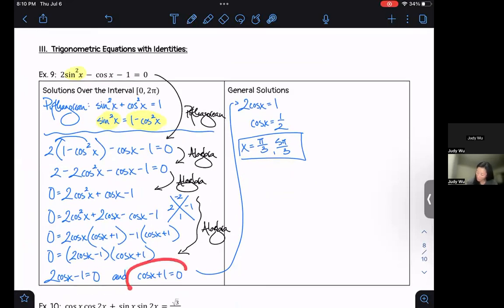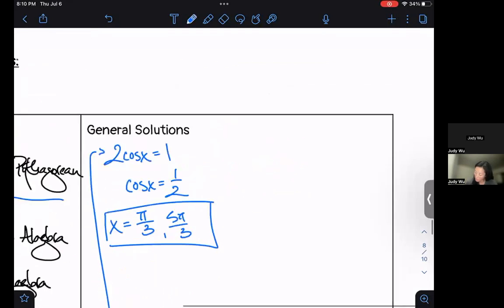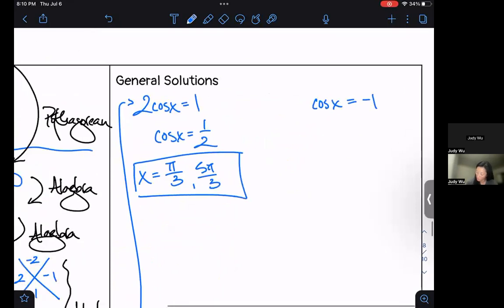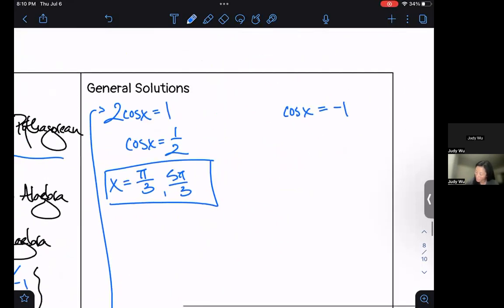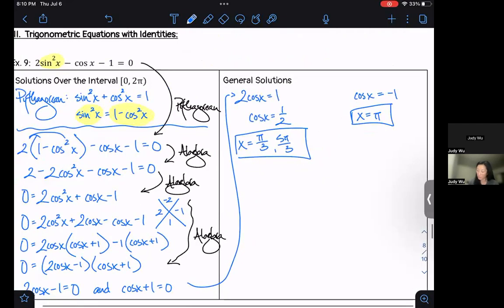Now let's grab our other equation, cosine x plus 1. Okay, so cosine x plus 1 equals 0, so cosine x equals -1. And where does x equal, where's the x value equal -1? Well, it turns out there's only one place, and that's at pi. So these three are my general solutions.